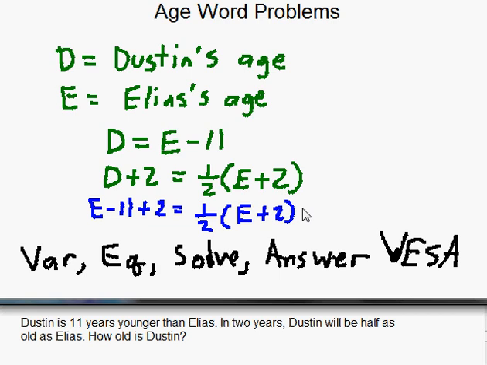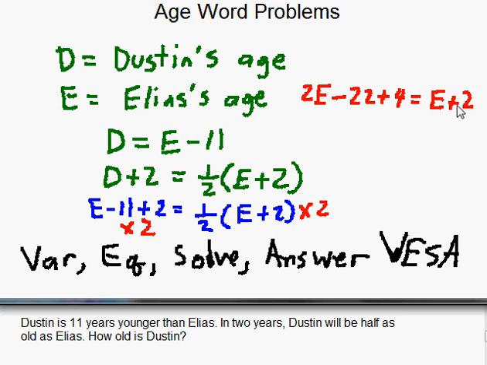So I'm going to multiply this side by 2, and then I'm going to multiply this side by 2. But when I multiply that side by 2, I really need to multiply each of these things by 2. So that becomes 2E minus 22 plus 4. Does that make sense? Equals E plus 2. Because I multiplied by 2 and that got rid of this 1/2. Okay? So now I just get the E's on one side.